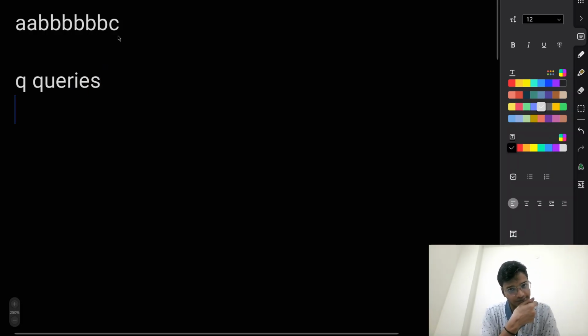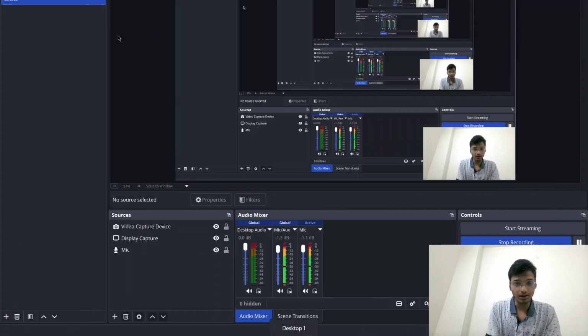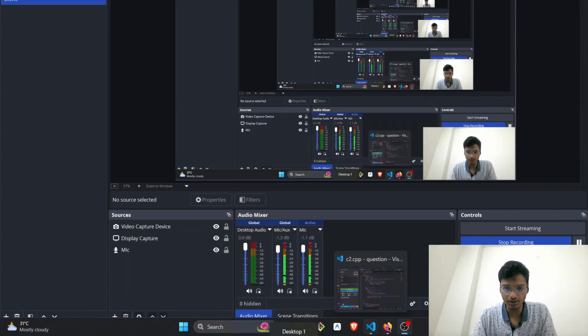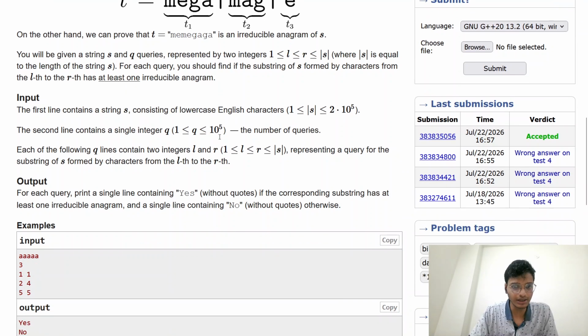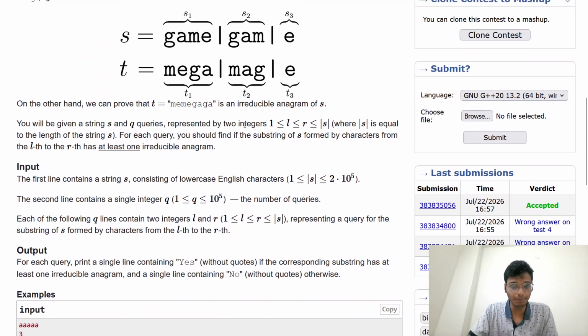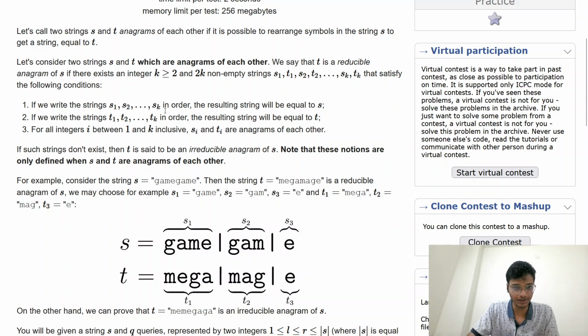First of all, we will take that substring. What's the basic thing that comes into our mind? What if n equals one? One thing I forgot to tell you is that there should be a partition, that is, k is greater than or equal to 2.